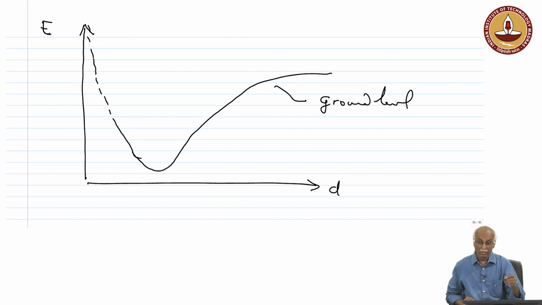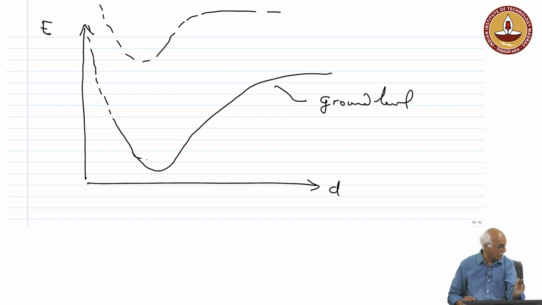If the incoming photon energy is so large that it can jump to the next energy level, there is a chance that the electron will get displaced.